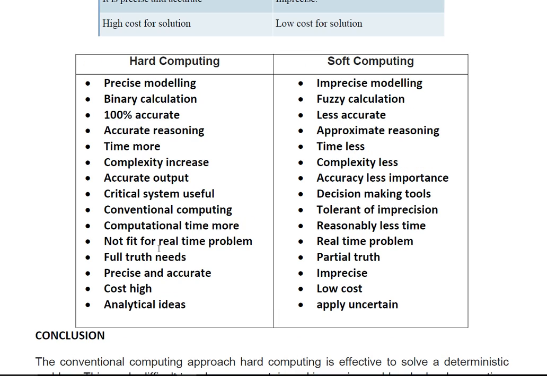Soft computing is also used for image processing, data compression, power system management, decision support systems, and automobile systems, that means driverless cars.